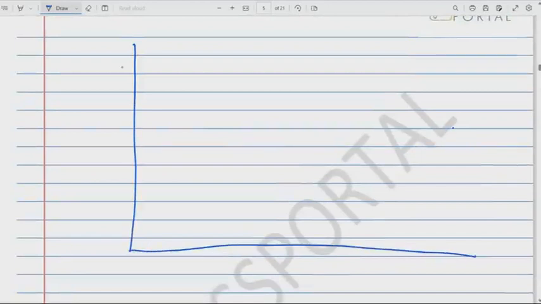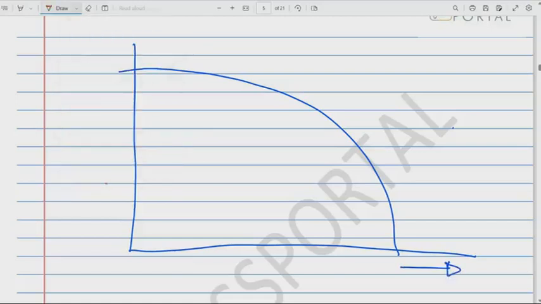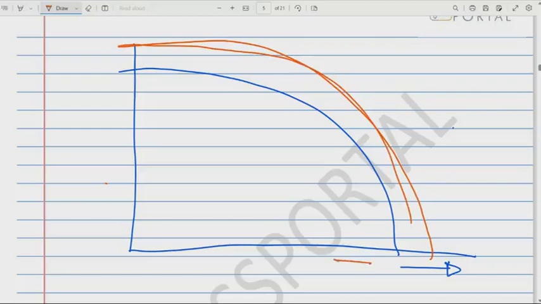So we have this, and this is basically the maximum. It can either shift to the right, so to the right is this way, that means it can shift to, let's say, here, or leftwards.